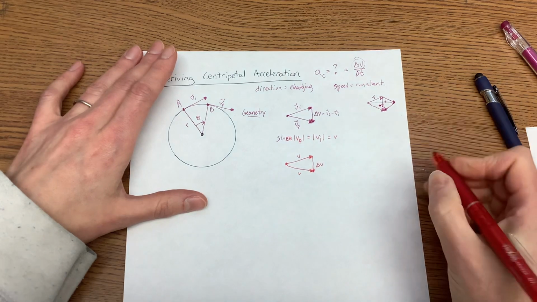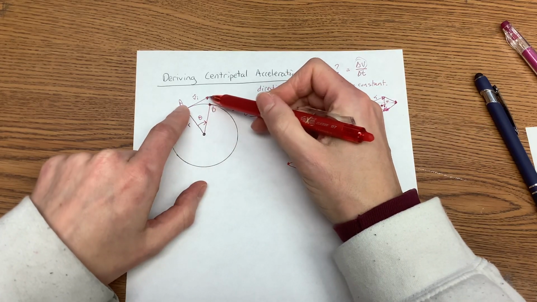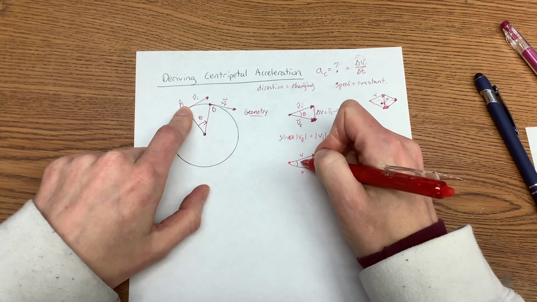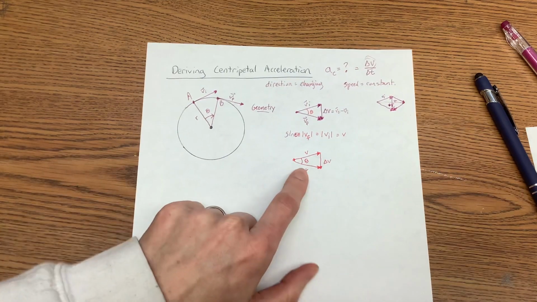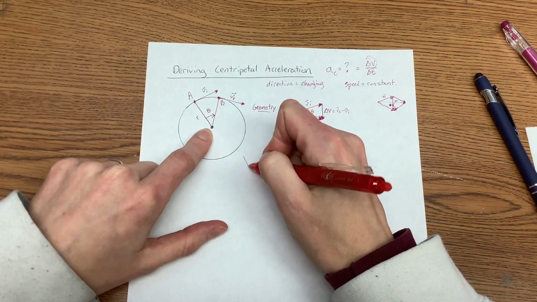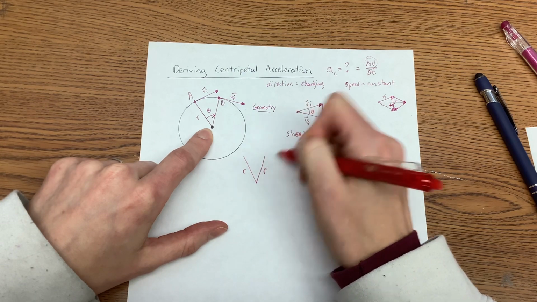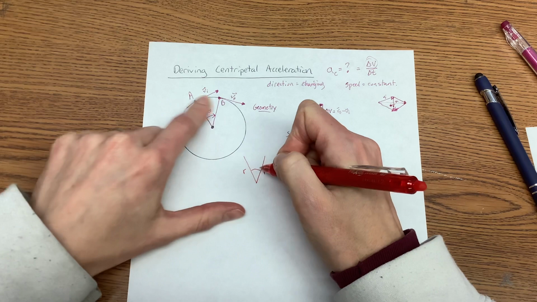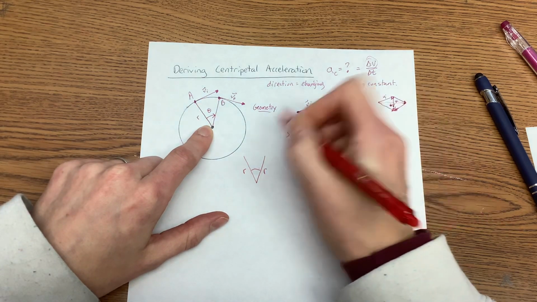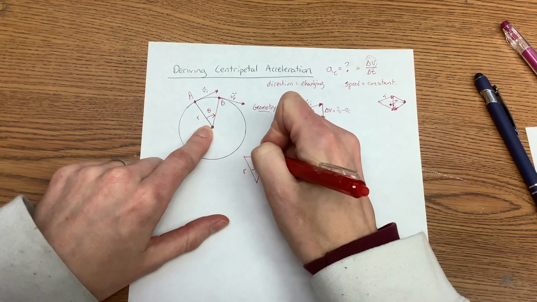Delta V. Since I rotated it this way, these arrows are going to rotate the same amount of an angle too. So this angle right here is the same. And so I'm going to bring over this triangle here too that has my R's on it. So I have R and R, because the radius of the circle didn't change. It's uniform circular motion, so the R is going to stay the same. So this right here is the angle. And just like this was delta V, this is delta R.